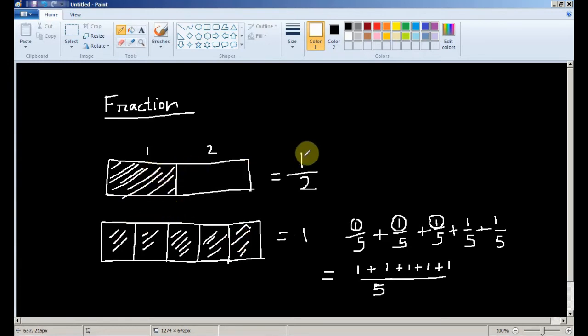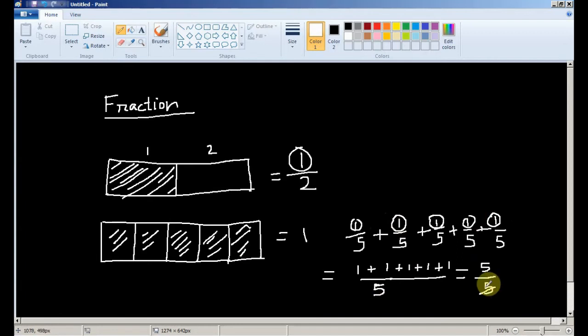So I took 1 part here, that matters. I took 5 parts here, so 1, 2, 3, 4, 5 parts are available for me. I counted 5. So I am going to add all the 5 parts divided by my denominator, my 5 parts.